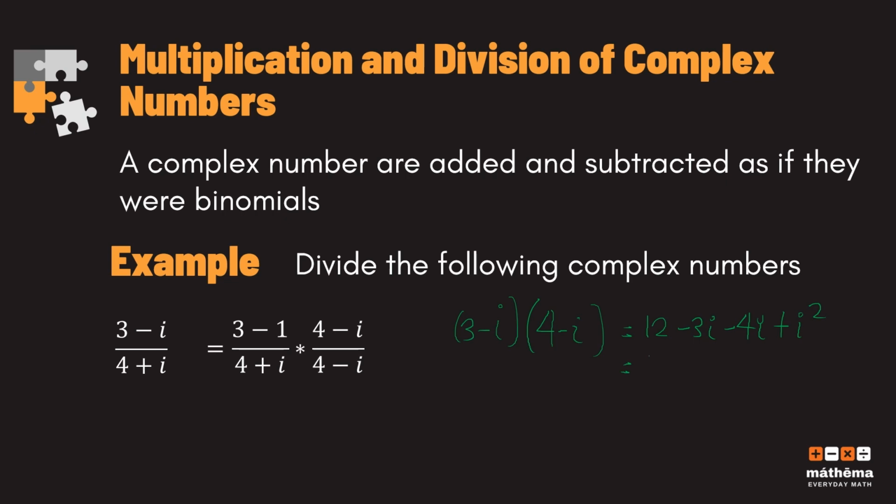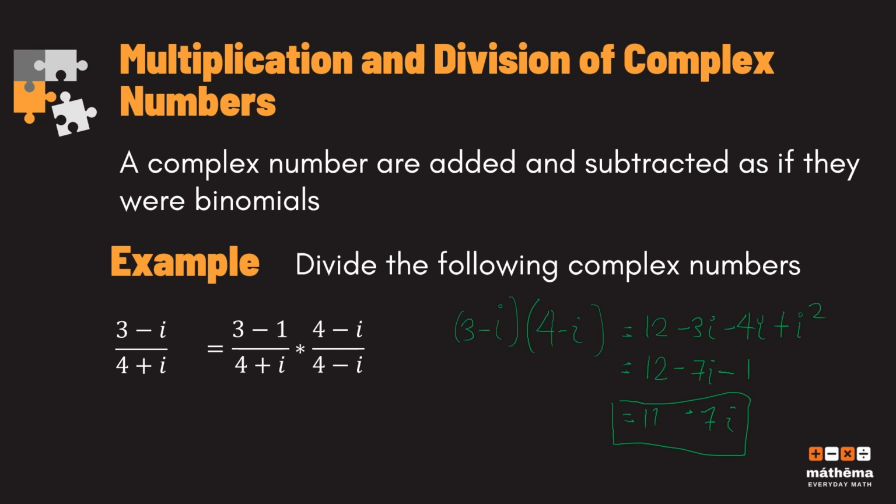Simplify, we will get what? 12 minus 7i, and i squared is minus 1. And then we will have 11 minus 7i. So our numerator is equal to 11 minus 7i.